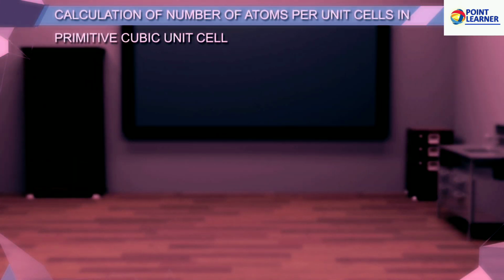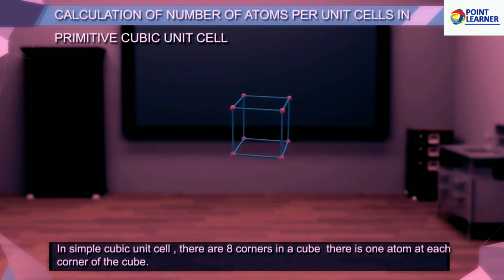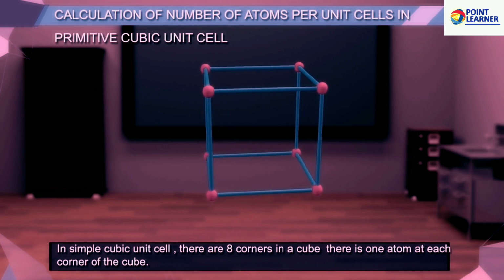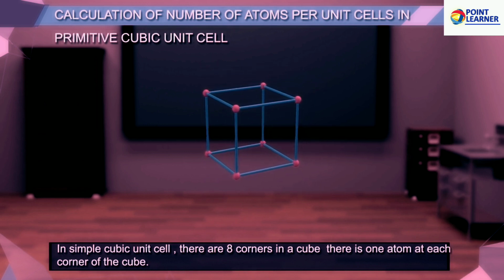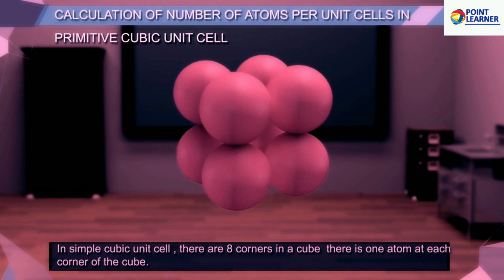Calculation of number of atoms per unit cell in primitive cubic unit cell. Simple cube. In a simple cubic unit cell, there are 8 corners in a cube. There is 1 atom at each corner of the cube.